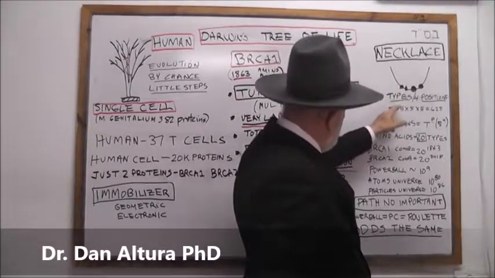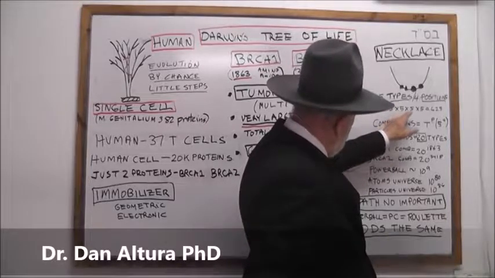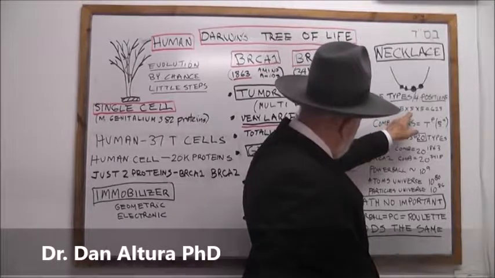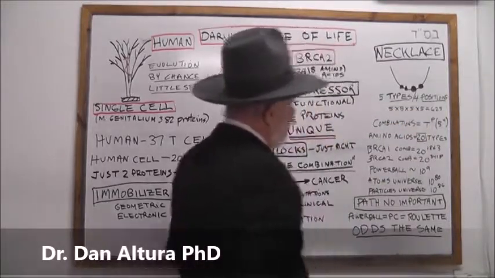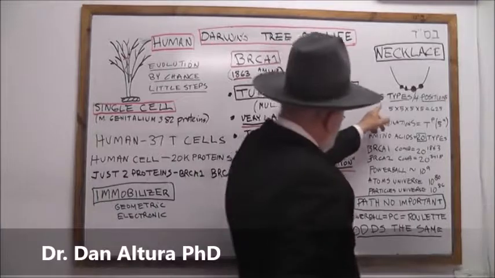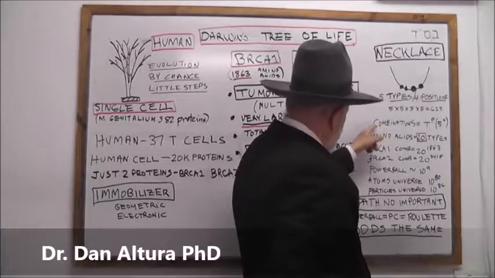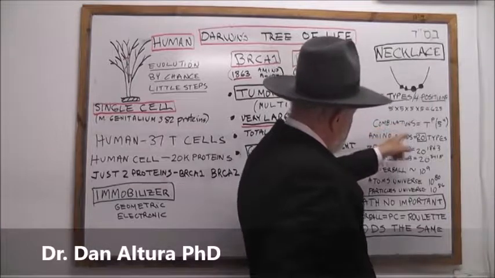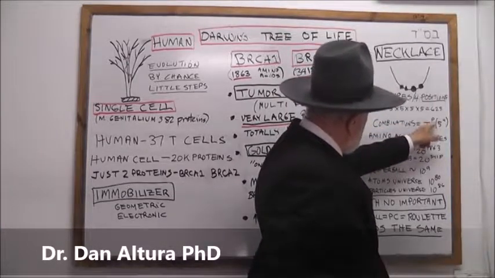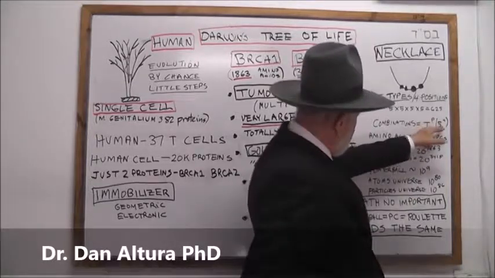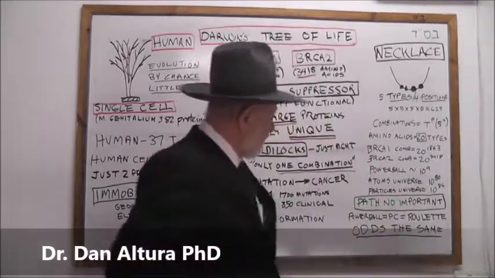Well, you take the first pearl, 5 combinations, multiply by the second pearl, 5 combinations, multiply by 5 in the third pearl, 5 in the fourth pearl, and you get 625 different combinations for 5 types of pearls and 4 positions. The general formula for the number of combinations is the number of types to the exponent p, which is the number of positions. For example, 5 types to the 4th power in this particular example.